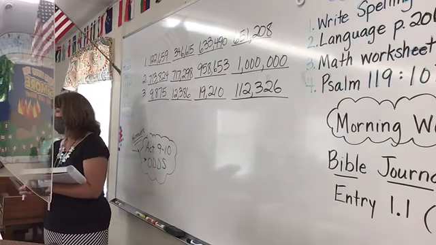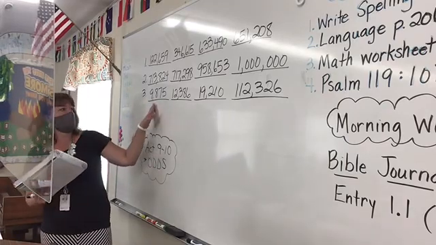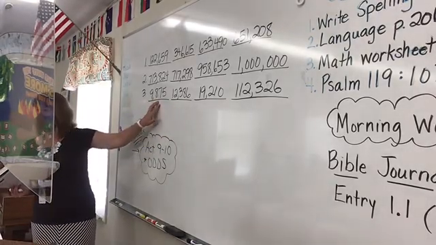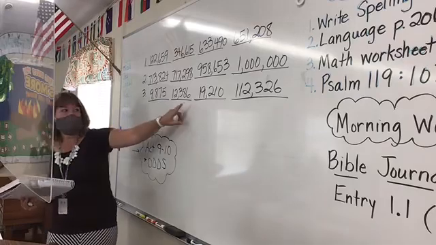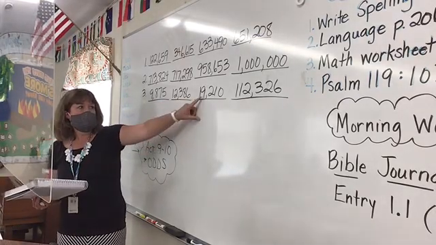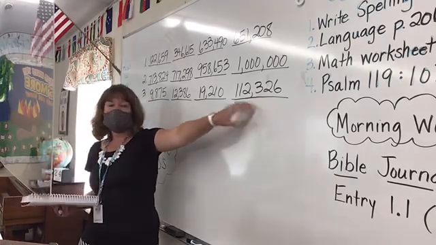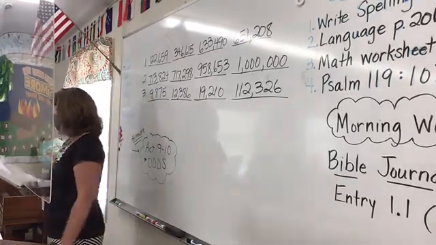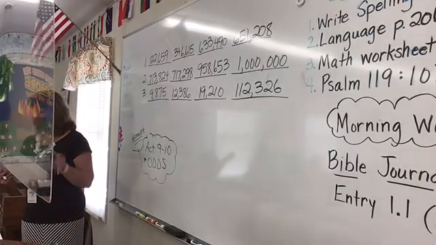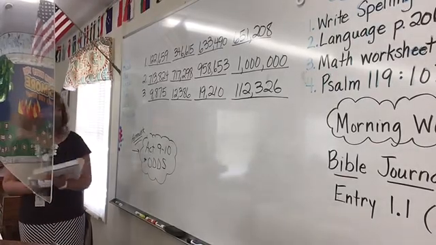Right, tongue twister. Okay, so good. This is the order. Now this one was a little bit easier because this one only had 4 digits. These two have 5 digits, so you just had to look at the thousands place. And then this one had 6 digits, so that one you knew automatically that was going to be your biggest number.